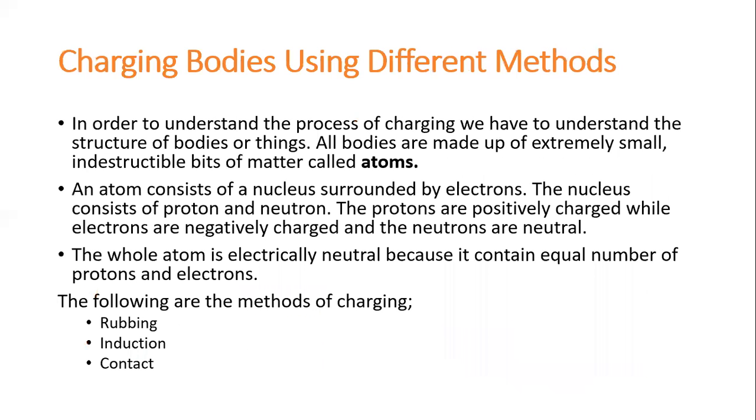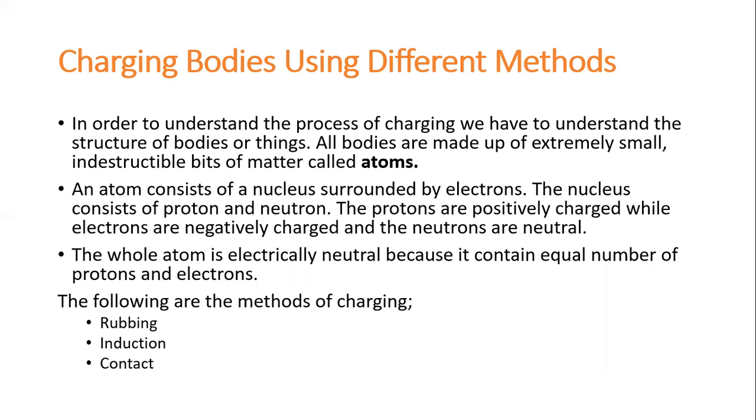Let's see charging bodies using different methods. In order to understand the process of charging, which we have already discussed as the electrifying of a body, we have to understand the structure of bodies or things. Now, all bodies are made up of extremely small, indestructible bits of matter that are called atoms.